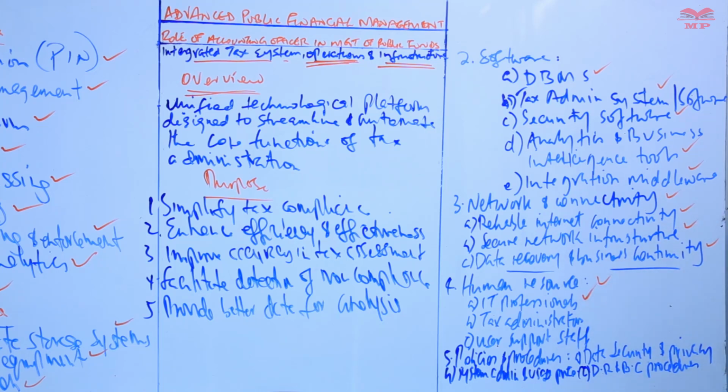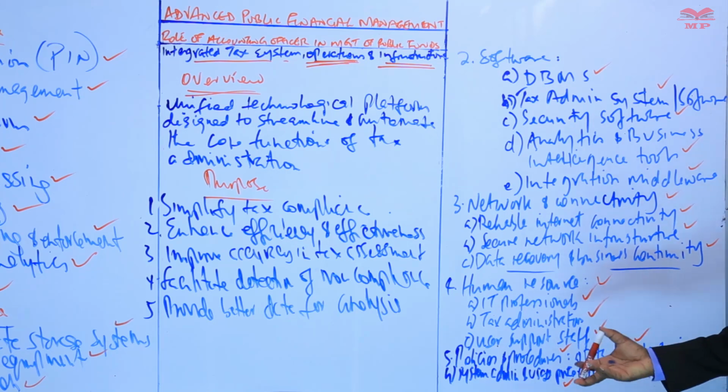Information technology professionals, tax administration professionals, and user support staff are needed. Then we have policies and procedures, which include data security and privacy policies, the system administration and usage procedures, and data recovery and business continuity procedures, which are documented plans for responding to system disruptions and ensuring the continuity of critical tax administration functions.